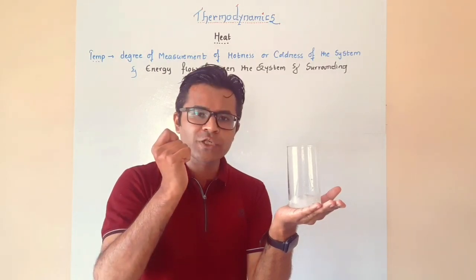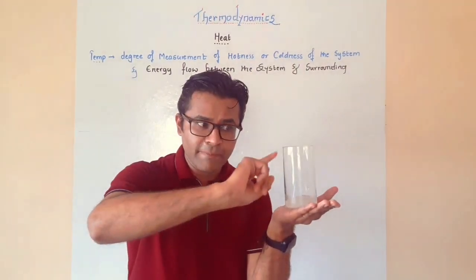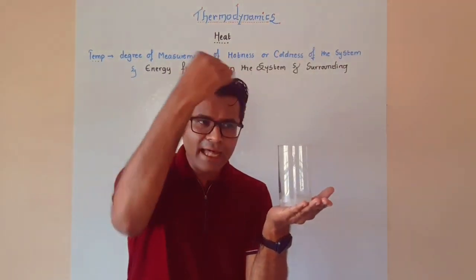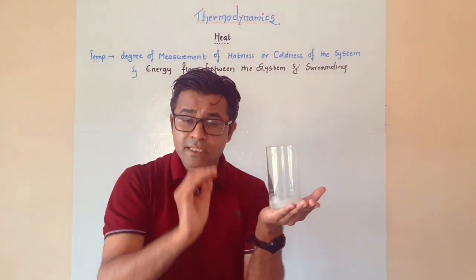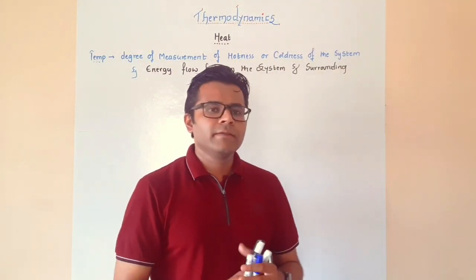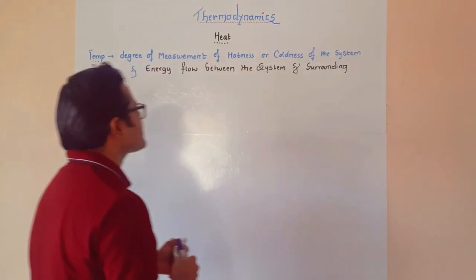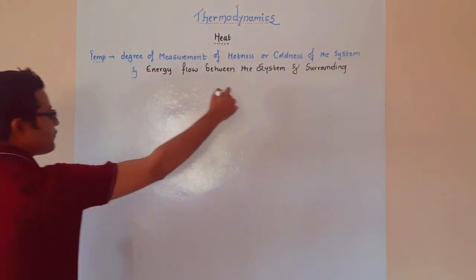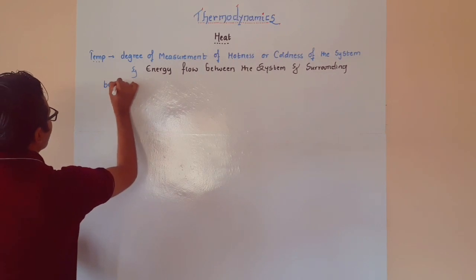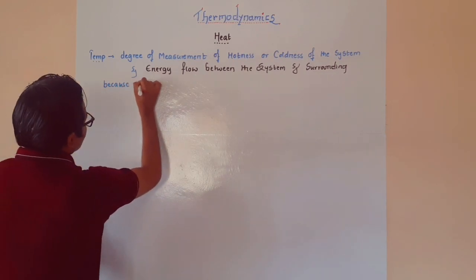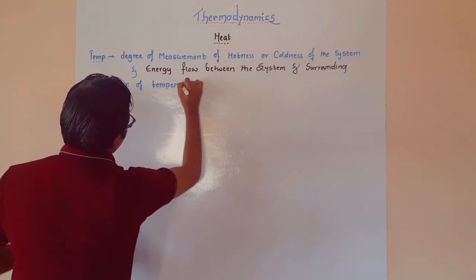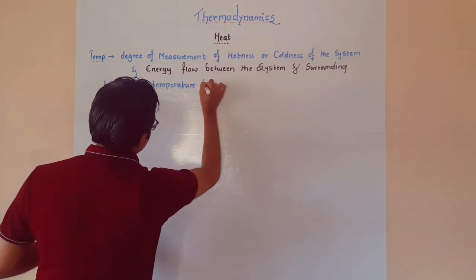So, as a result, what is going to happen? There is a temperature difference. Whenever there is a temperature difference between the system and the surrounding, the heat is going to flow. The energy flows between the system and the surrounding because of the temperature differences.